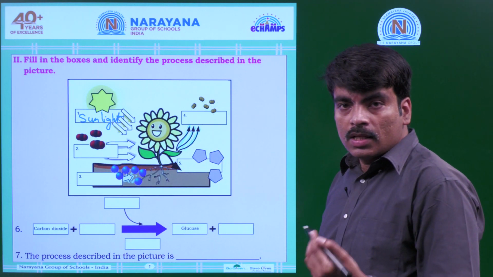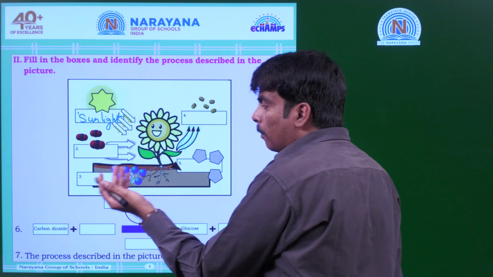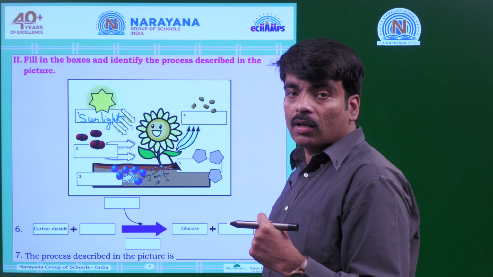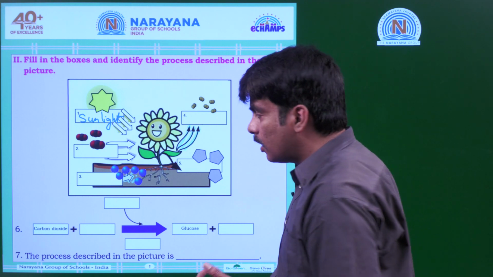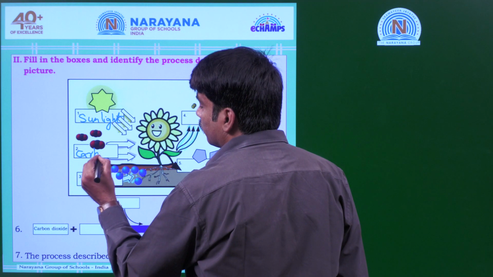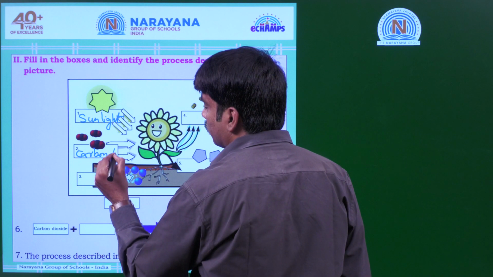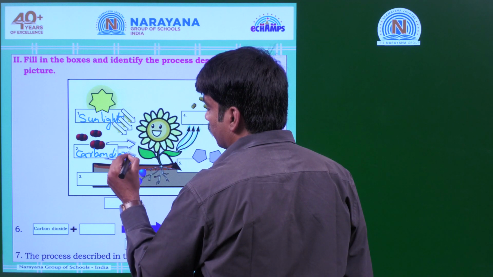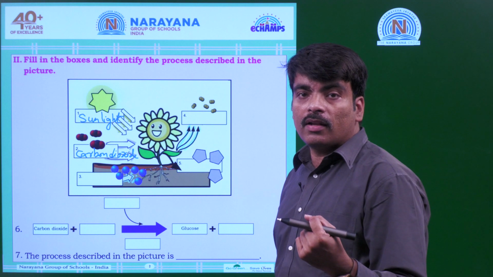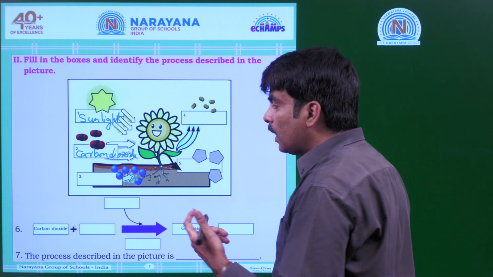It is receiving sunlight, and the plant also absorbs one gas from the atmosphere, from the air. What is it? Yes, it is carbon dioxide. And from the soil it receives water and minerals.